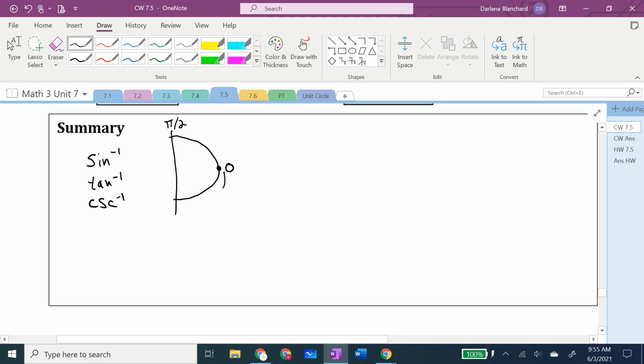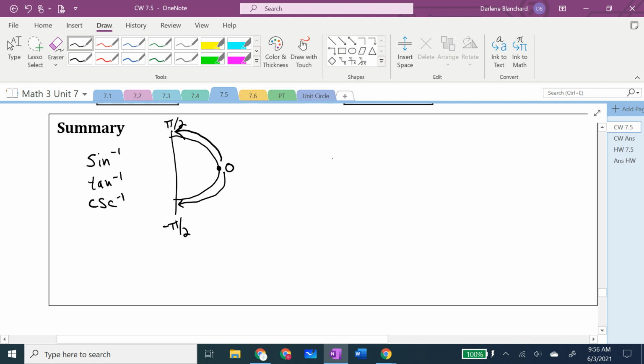It is going backward from 0 to negative pi over 2. So know that with those three inverse functions, you will only get one answer, and it will only be the right side of your, quote, unit circle.